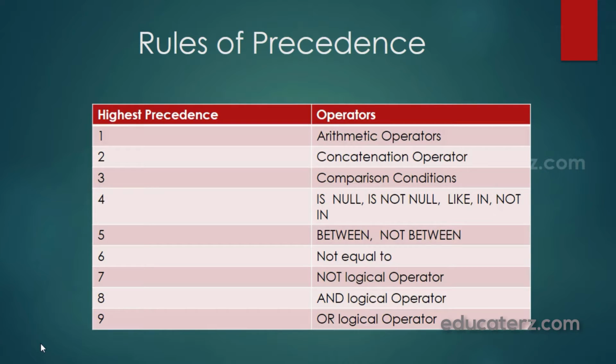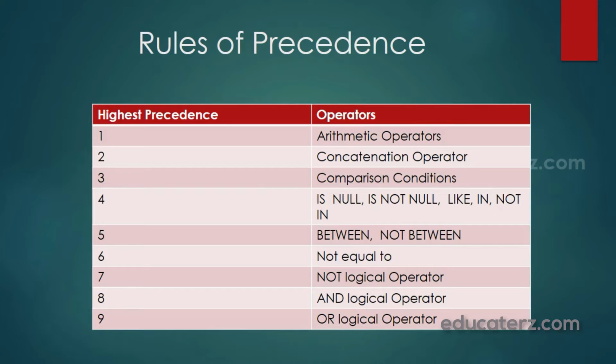Rules of precedence. Arithmetic operators have the highest precedence, followed by the concatenation operator, followed by comparison conditions. The fourth precedence is IS NULL, IS NOT NULL, LIKE, IN, NOT IN, like that.